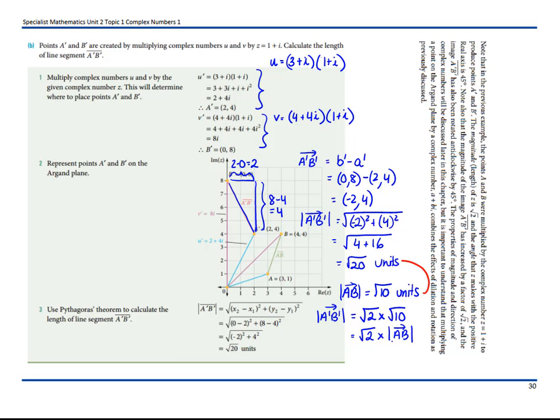Okay, so you can see off to the side I've written here, from the textbook, that multiplying by the complex number 1 plus i increases the magnitude of length by the square root of 2.